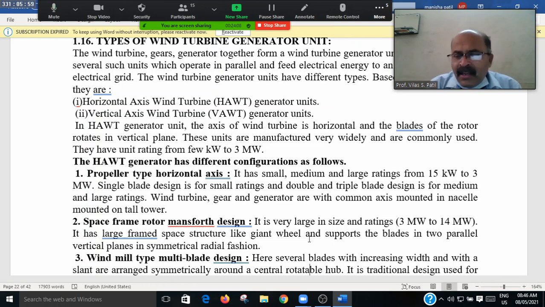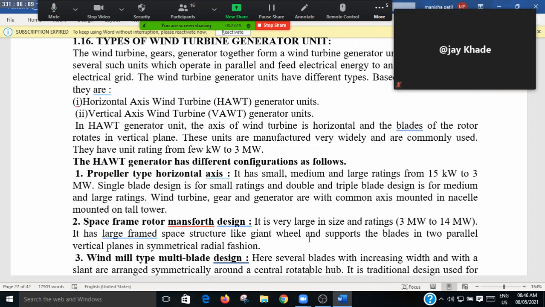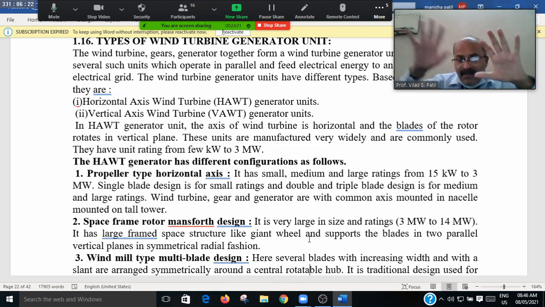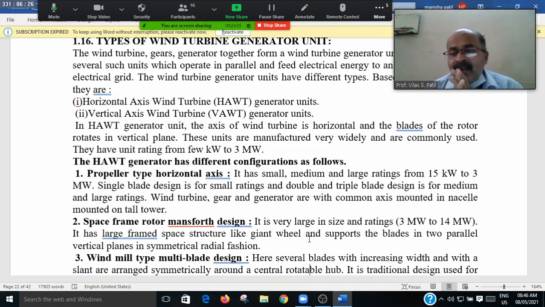Friends, the mono blade propeller is used for the small scale. Two blade propellers, that is the twin blade propellers, are used for the medium scale energy production, and tri blade propellers are always used for the large wind energy production.